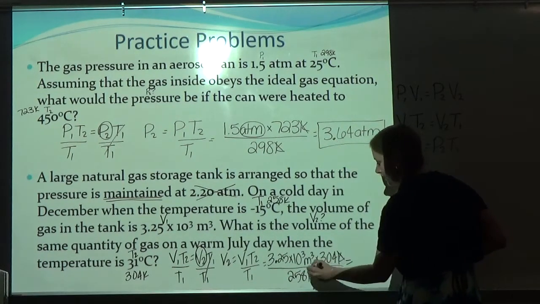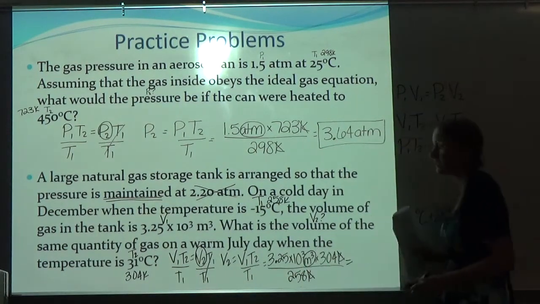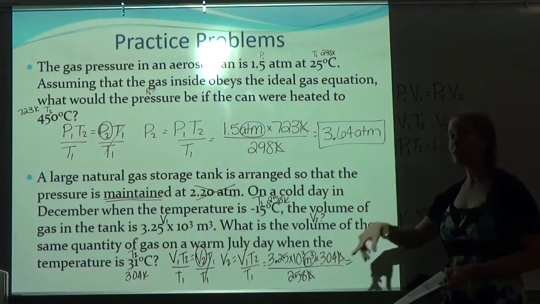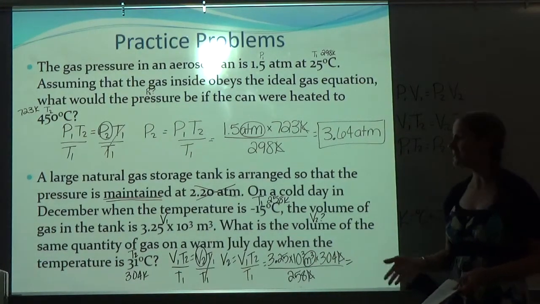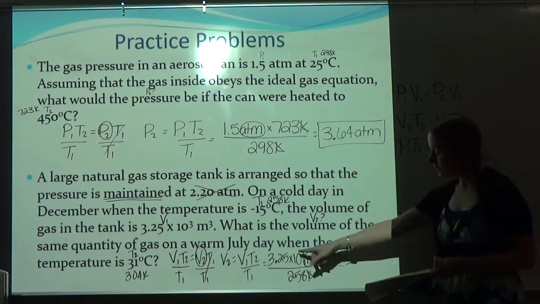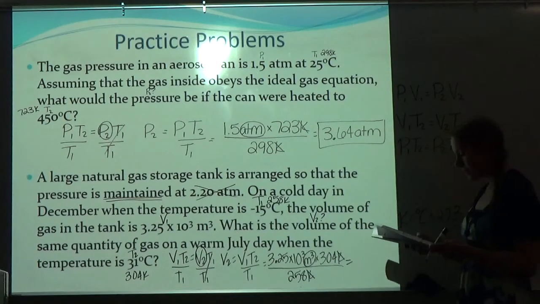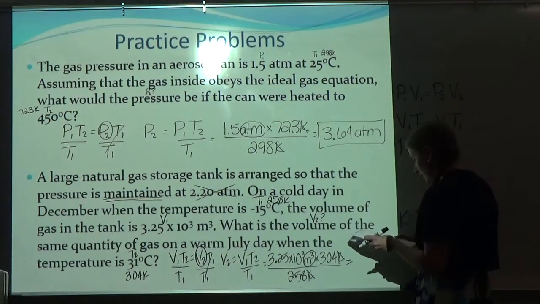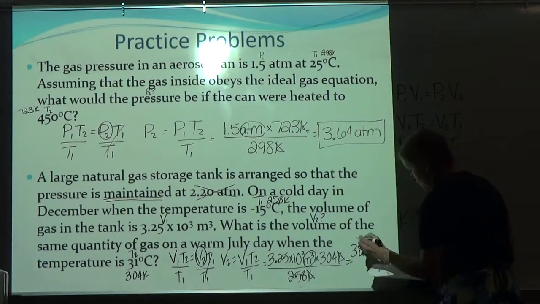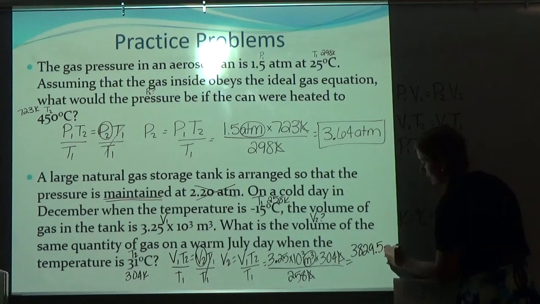So my Kelvins cancel, and at this time my unit for volume is going to be meters cubed. Remember, it's whatever the other unit for volume is, and it didn't specify that I need to change the units, so I'm going to leave it as that. So I multiply my top two numbers and divide by the bottom, and then I end up getting 3,829.5 meters cubed.